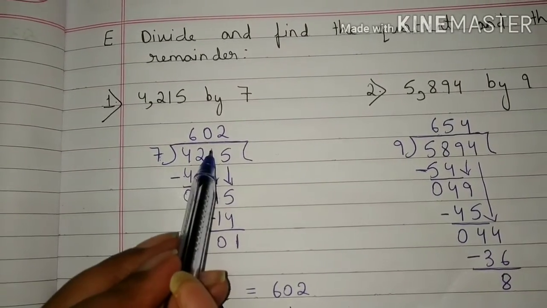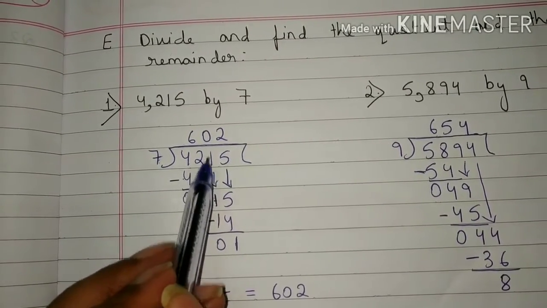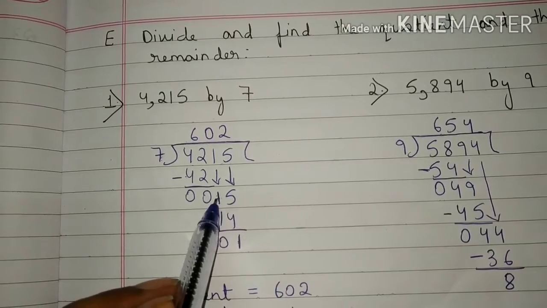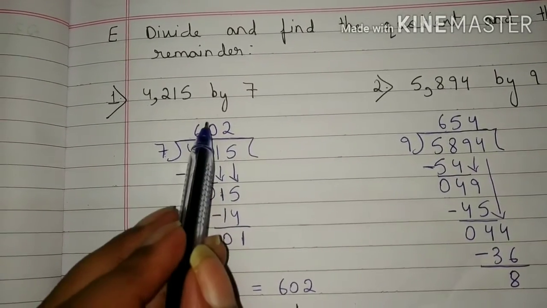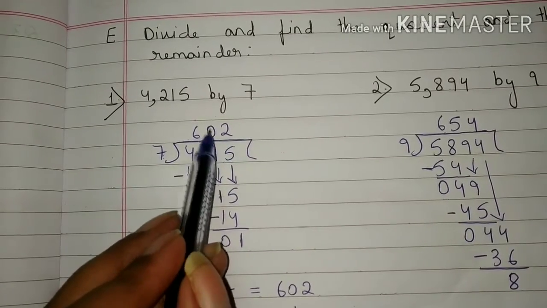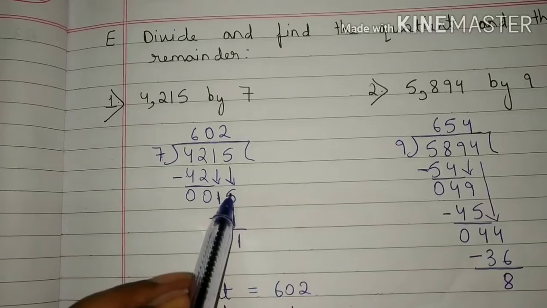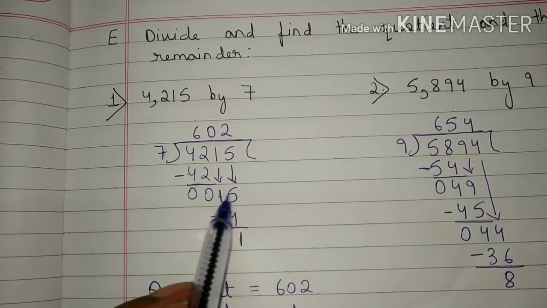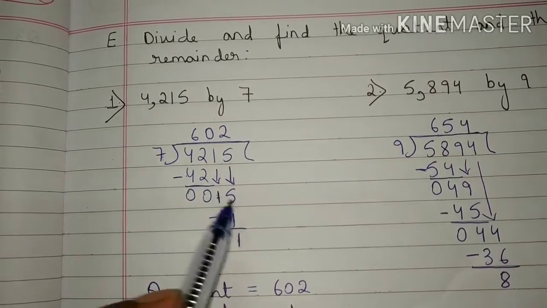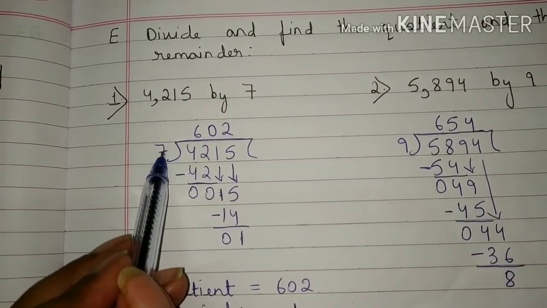Students, now we will carry down next digit, that is 1 here. 1 is less than 7. So we will write 0 here and we will carry down next digit, that is 5 here. Now number becomes 15. Now we will read the table of 7. 7 1 is 7, 7 2 is 14.